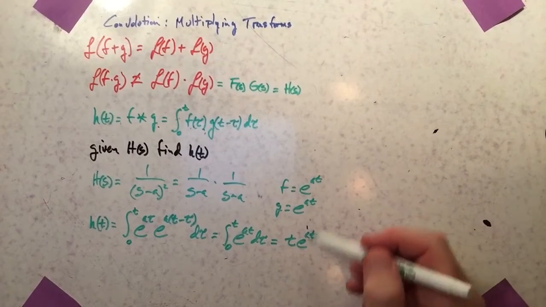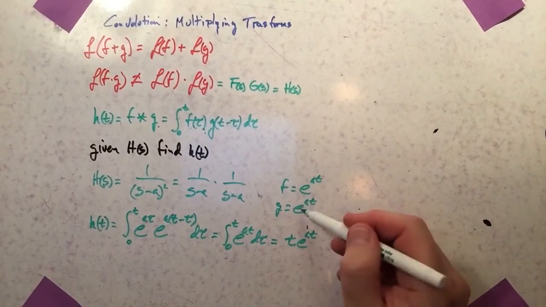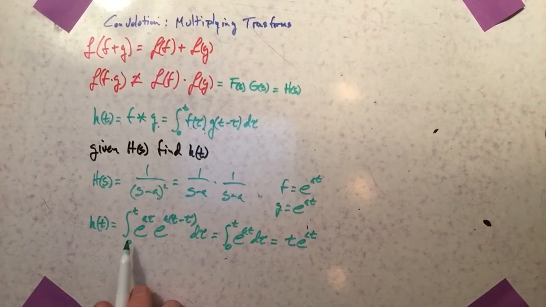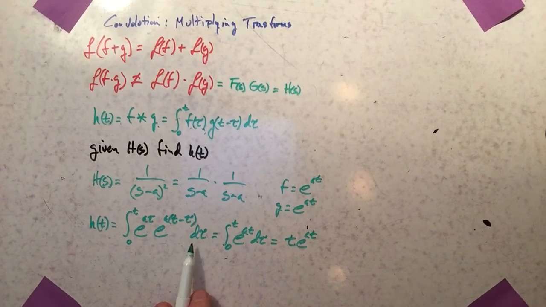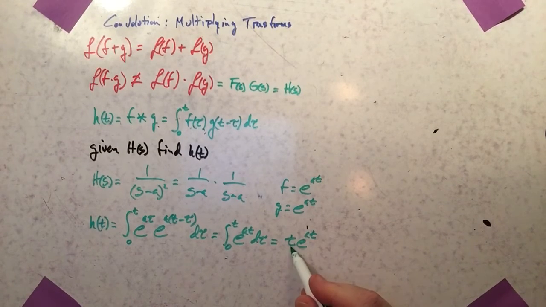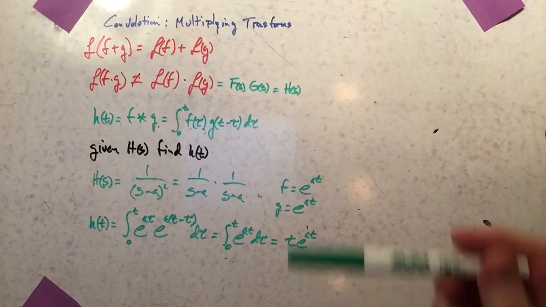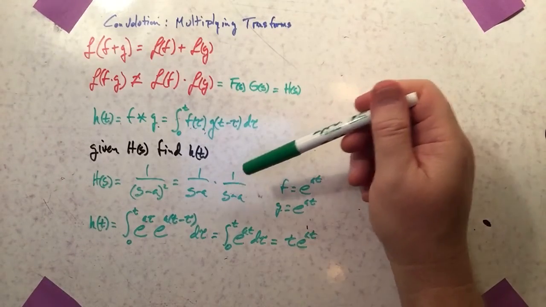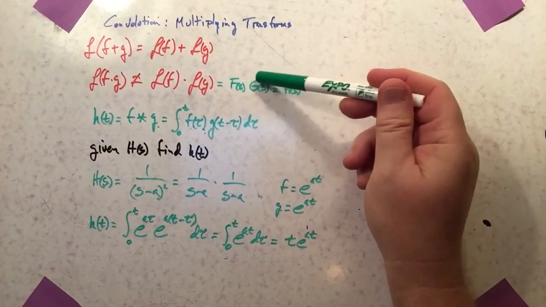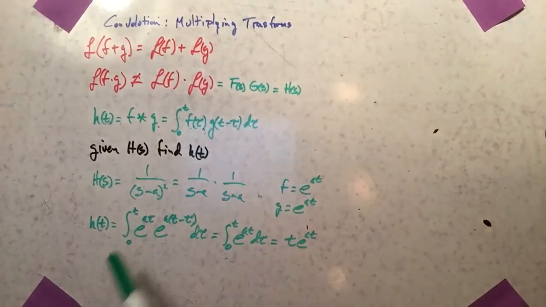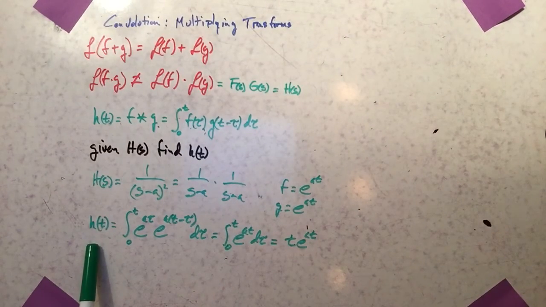So you can see that h of t didn't end up as the product of these two. It ended up as whatever the convolution did to them, so that t e to the at is really what h of t is. And this is a really common practice once you learn about convolutions, and that is to take a product of Laplace transforms and then figure out what that product's non-Laplace transform function is.